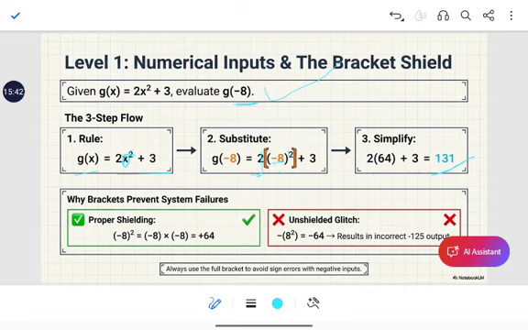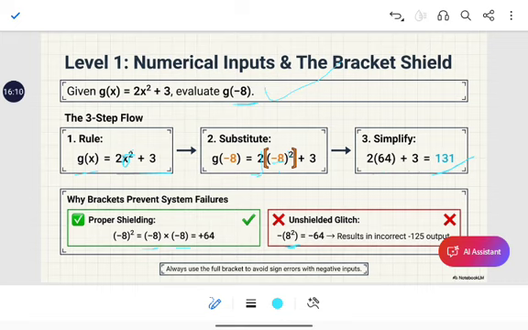You see, negative 8 squared is equal to, you put them in brackets, negative 8 times negative 8. You see that? But if you put only the 8 in brackets, the answer will be negative 64.